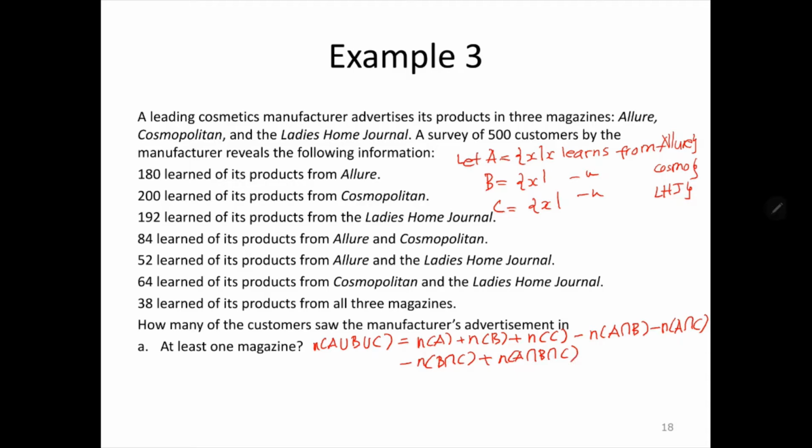You have all the data there. So n(A) is 180, plus 200, plus 192, then minus 84, minus 52, minus 64, and then plus 38, and of course you can compute the end result. That's the first question.